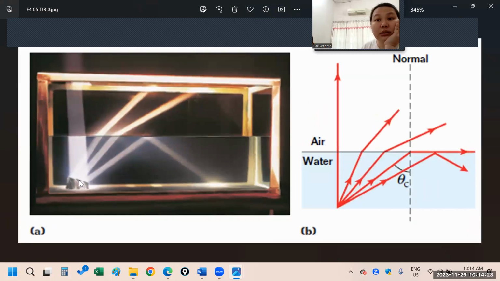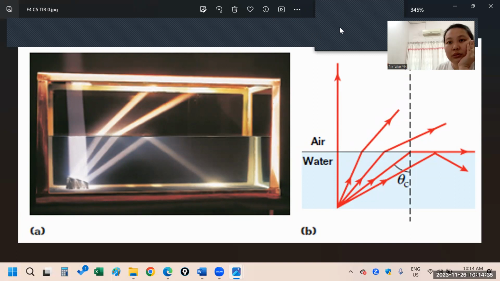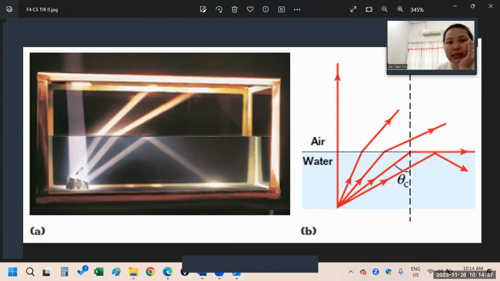Go straight. Goes through parallel to normal, go straight. Then this one, the light goes away from normal.